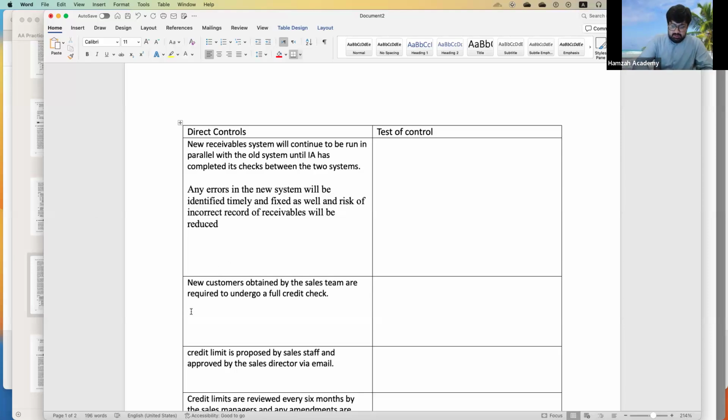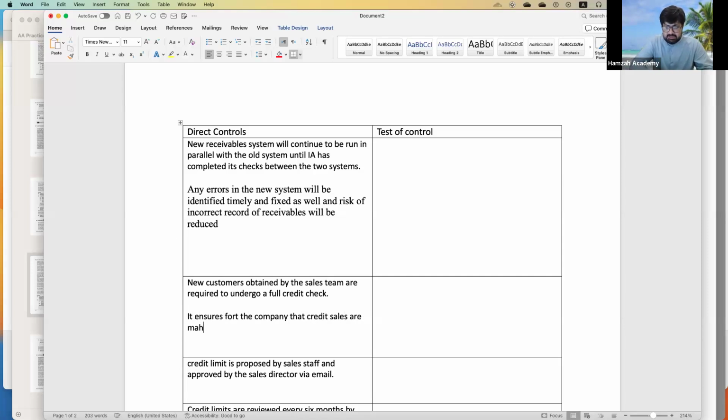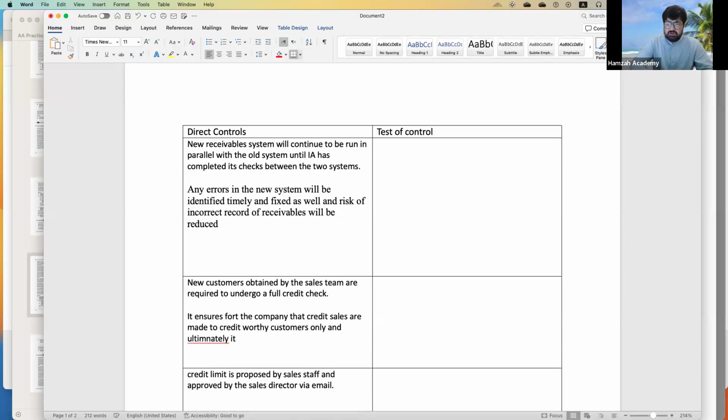So it ensures for the company that credit sales are made to creditworthy customers only, and ultimately it reduces the risk of bad debts for it.